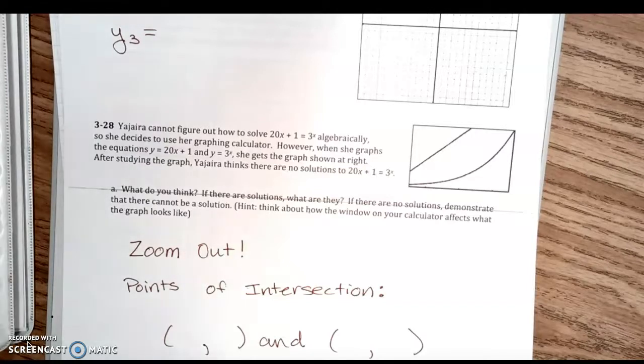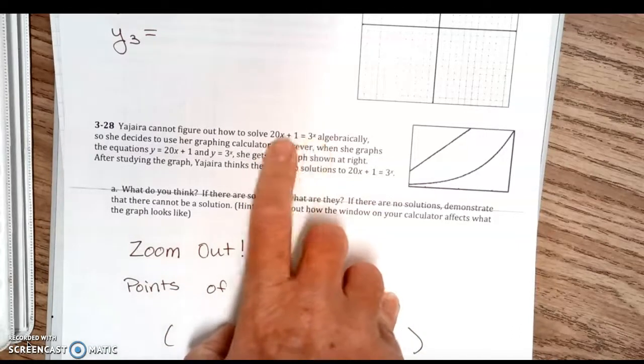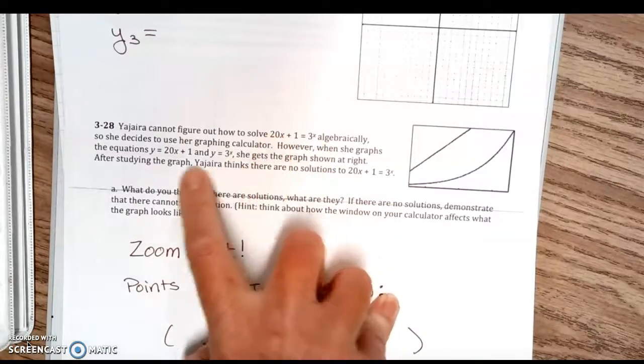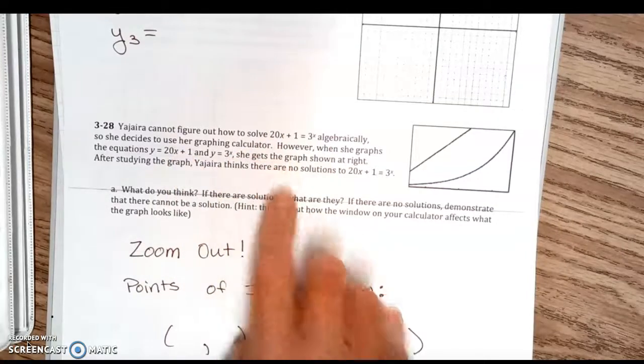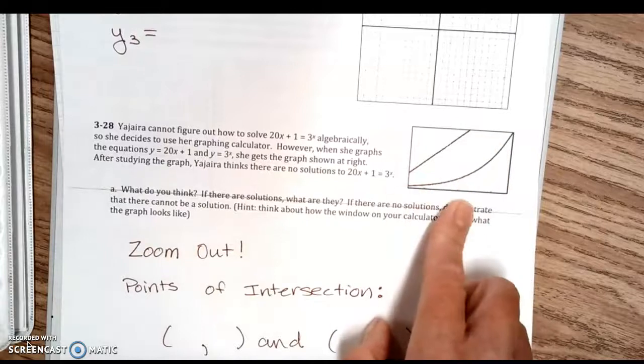Okay. Yahira cannot figure out how to solve 20x plus 1 equals 3 to the power of x algebraically. So she decides to use her graphing calculator. However, when she graphs the equation y equals 20x plus 1 and y equals 3x, so she just did two different lines in her calculator, did them each separately, she gets this graph at the right over here, right?